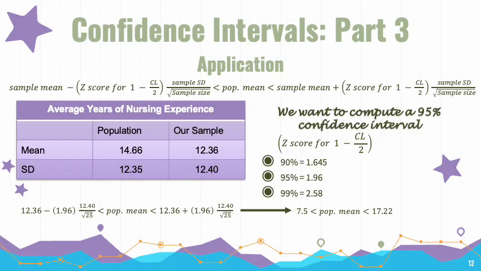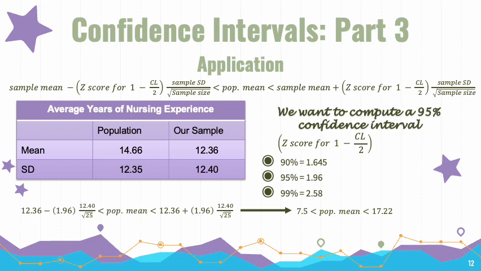So, in case you're still struggling a little bit with confidence intervals and confidence levels, let's bring this back to our data set. Again, I do not expect you to do this calculation by hand. I have computed the calculations for you. And just for reference, I have included our table with our sample and the population. Again, we don't know the population mean or standard deviation when calculating confidence intervals.